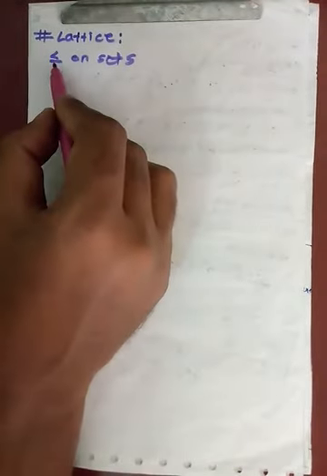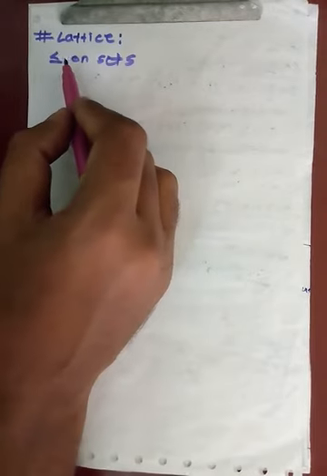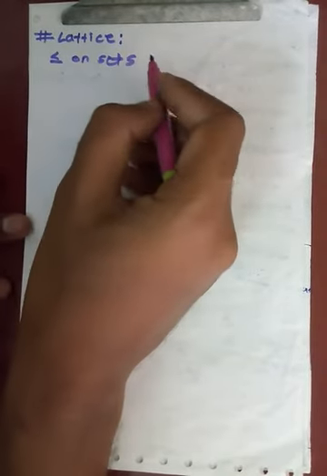Let's consider less than or equal to is a partially ordered relation on a set S.